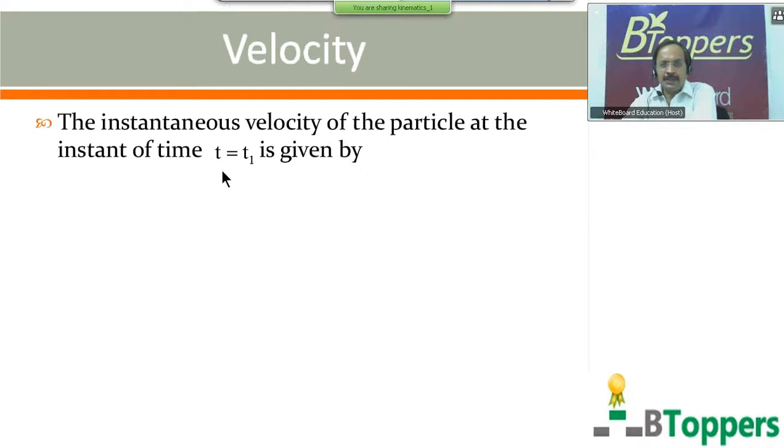The instantaneous velocity of the particle at the instant of time t equal to t1 is given by v bar equal to limit delta t tending to 0 of delta r bar by delta t, or v bar equal to dr bar by dt.